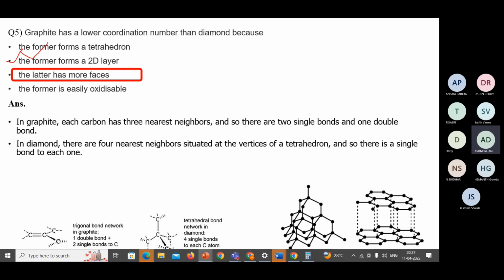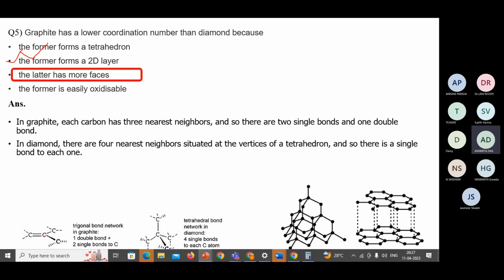The former has a 2D layer. This is the lattice structure of diamond and this is the lattice structure of graphene. In graphene, each carbon has 3 nearest carbon atoms.